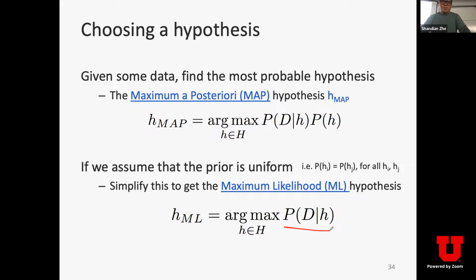We call this a maximum likelihood estimation. In other words, maximum likelihood estimation can be viewed as a simplified version of the MAP estimation, in that we don't put any prior preferences over the hypotheses. That means to find the best hypothesis, we just need to maximize the likelihood.